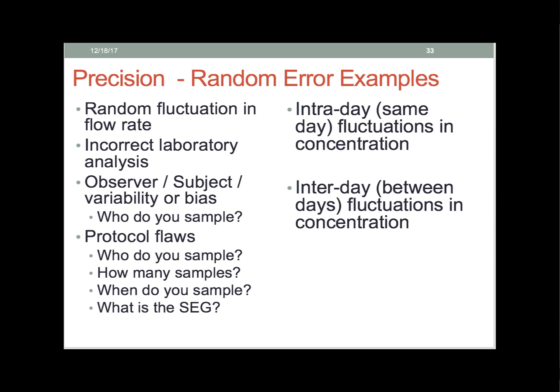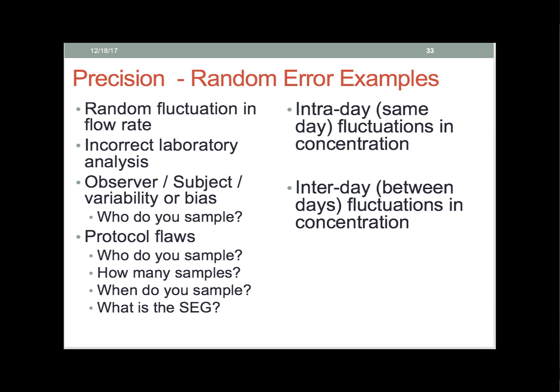So random fluctuations in the flow rate, we can address through checking our pre and post calibration, and then also in our observational methods of taking a visual of that rotameter over time. Ensure that we have the correct laboratory analysis for the agent that we're sampling, and that we don't have any observer or subject bias, so that's who we sample.